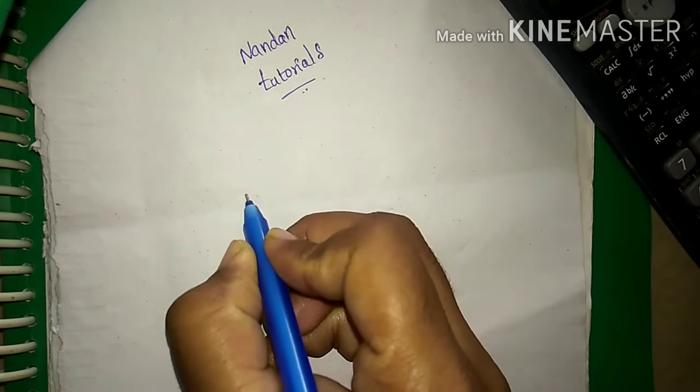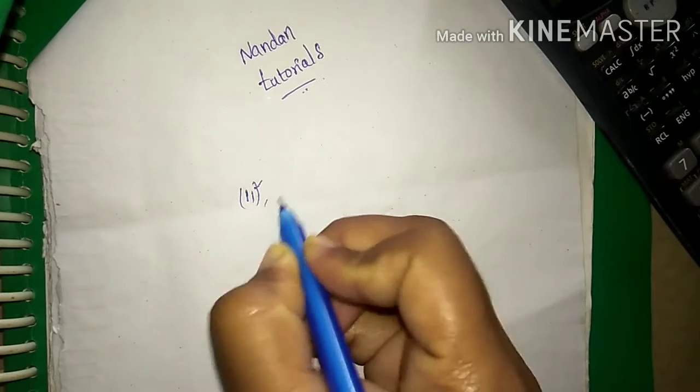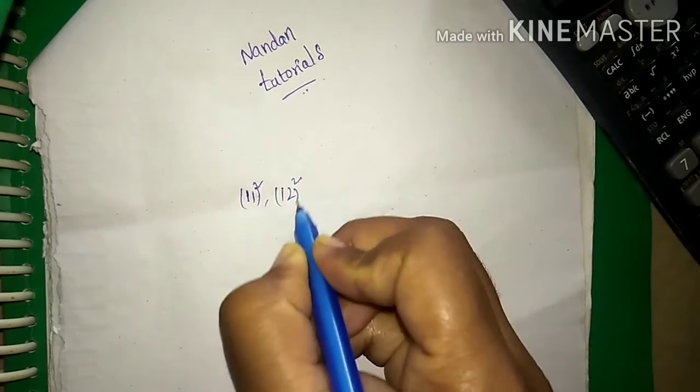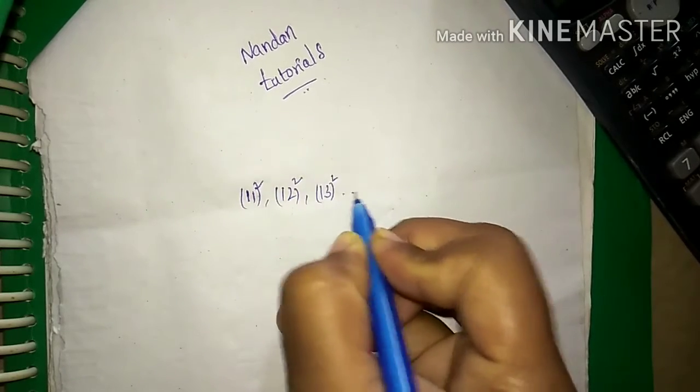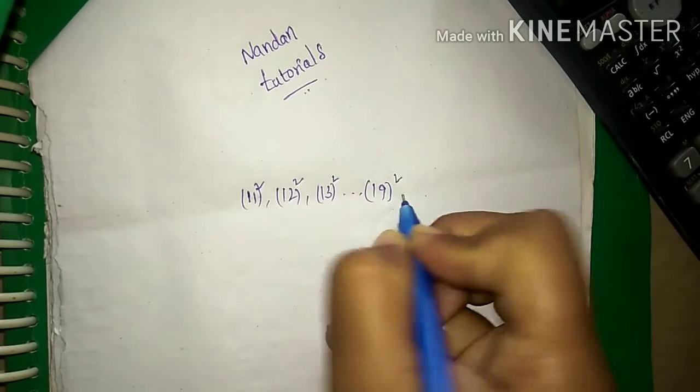Today let me discuss a new topic: how to square a number that ends with 1 or starts with 1. A number that starts with 1 means 11 square, 12 square, 13 square up to 19 square, right?